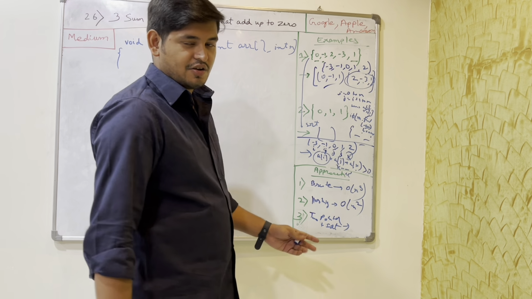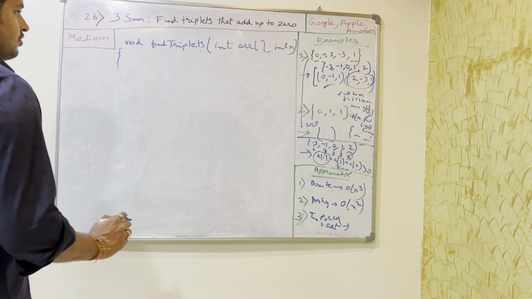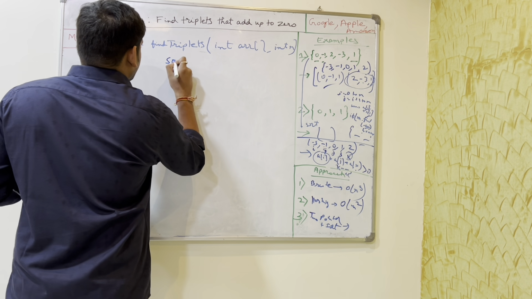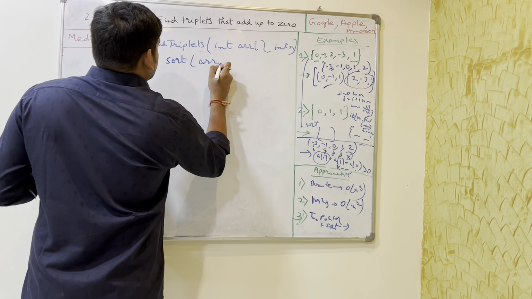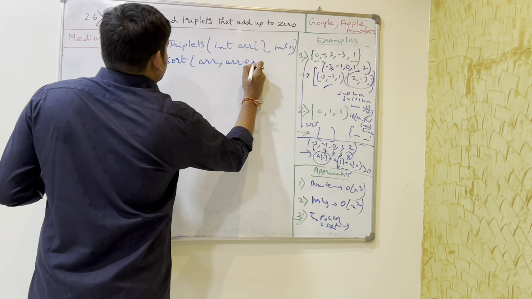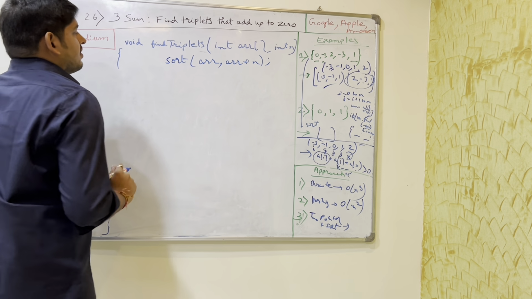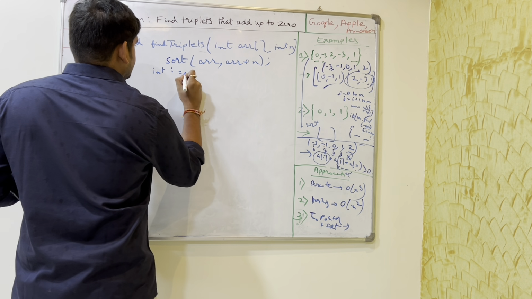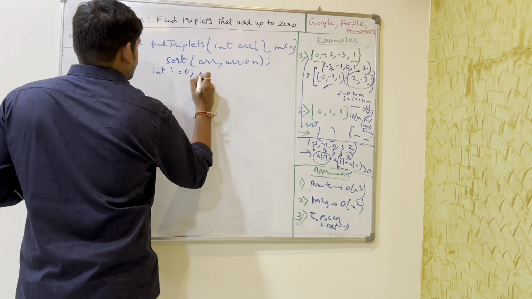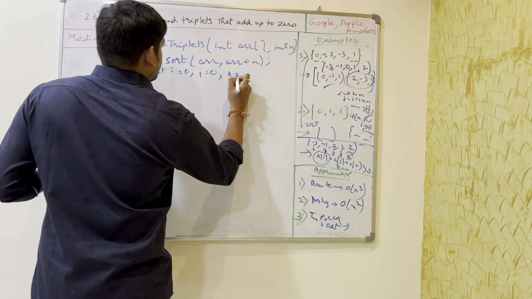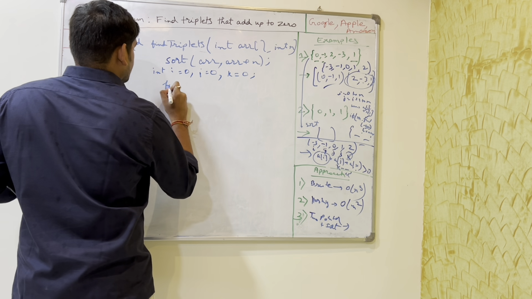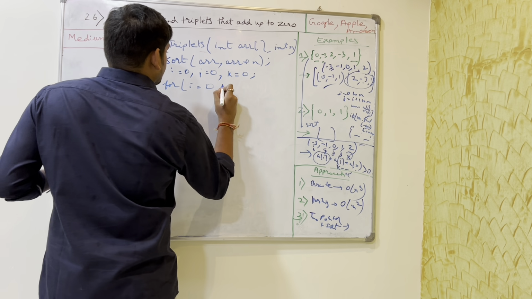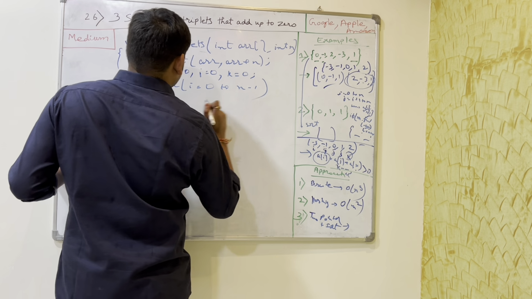So let's code it. Let's do the pseudocode. So what we have done, we are sorting it. Sort arr plus n. Okay. Once the sorting is done, we have three variables: int i equal to 0, j equal to 0, k equal to 0. Okay. So now for i equal to 0 to n minus 1.